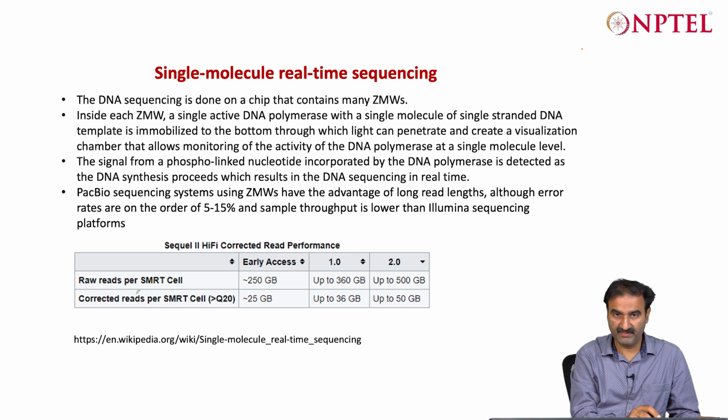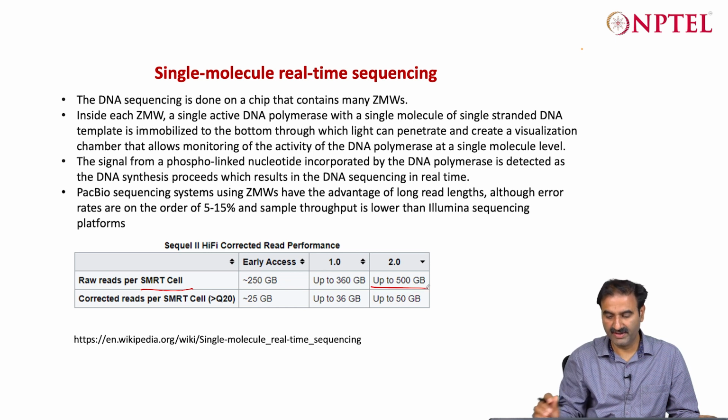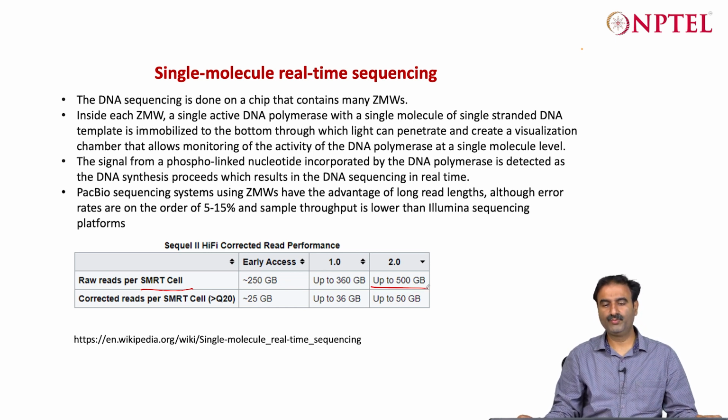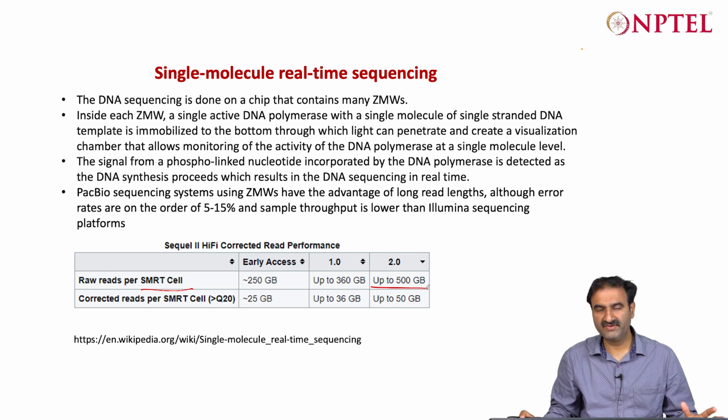For example, per SMRT cell these days you can get up to 500 GB of data with 2.0 chemistry. So this is one of the important systems these days to generate longer reads. The error rate is also decreasing, although it is similar to Nanopore in terms of errors, but again the hybrid assembly approach works here.